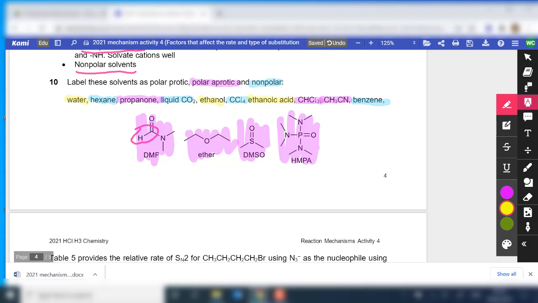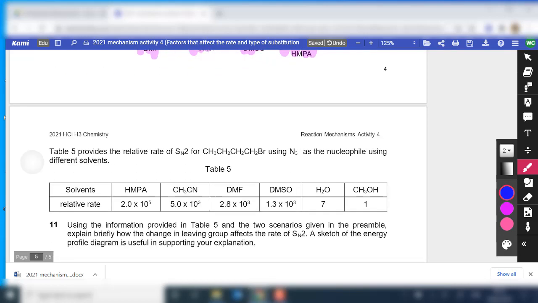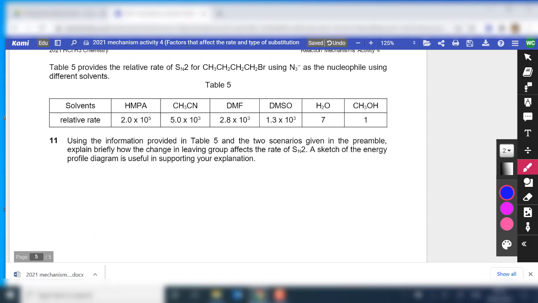Let me just emphasize that solvent effect is not in your current H3 curriculum. However, they can give you a context and test you on it. So now let's look at table 5. Table 5 provides the relative rates of SN2 for this particular compound, 1-bromobutane, with N3 minus.